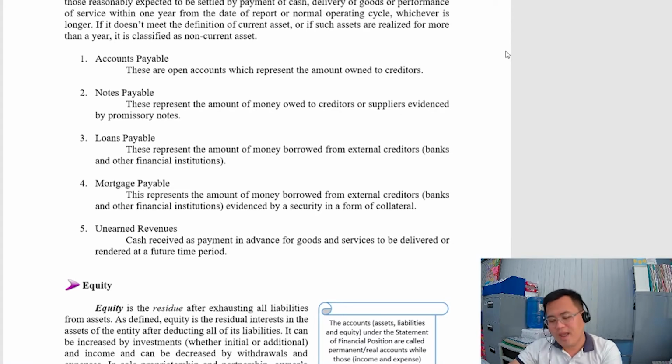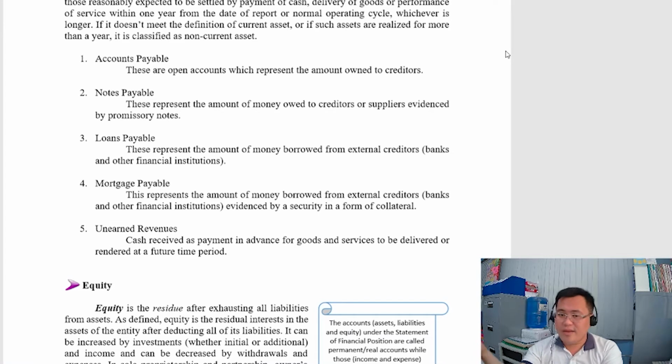Say, for example, we are engaged in a laundry business, and the client paid you 1,000 pesos for the whole month for the laundry, and you have not yet done the laundry. Meaning to say, you owe 1,000 pesos to your customers, because you have not yet rendered the service.